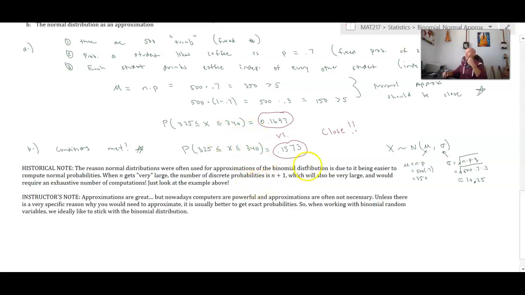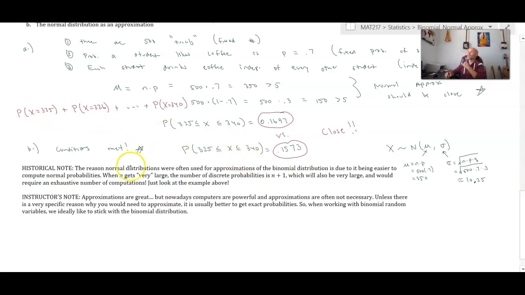To do this manually, you'd have to compute the probability that x equals 325, plus the probability that x equals 326, plus all the way up to the probability that x equals 340 for this computation down here. We can see that's expensive. That's a lot of work. Although our probability calculator could do that without a problem, it didn't take very much time at all.